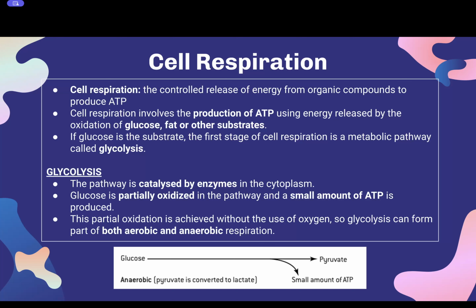Glycolysis has a whole pathway which is catalyzed by enzymes because it's a metabolic reaction. Glucose is partially oxidized and a small amount of ATP is produced. This partial oxidation does not require oxygen, which is why this step is in both aerobic and anaerobic respiration.